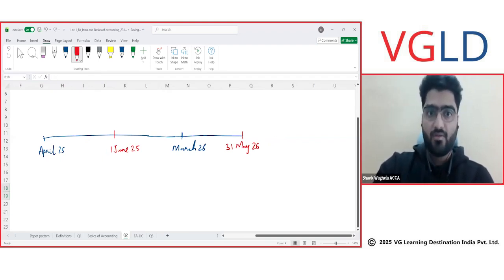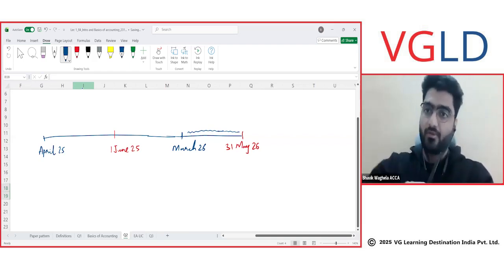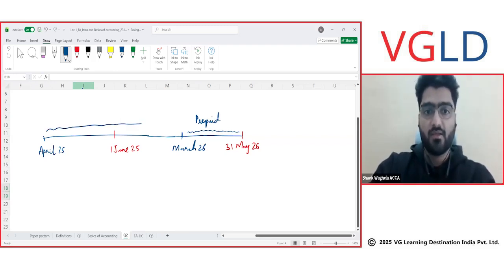So obviously, what will happen if I am preparing my financial statements for April 2025 to March 2026? Can I say this premium is already paid, this much of premium? This amount that I have paid is for the next financial year, not for the current. So what I will do is I will show this much as my prepaid. Only this much will go to my P&L, this will go to my SOPL, and this will go to the balance sheet as a prepaid.